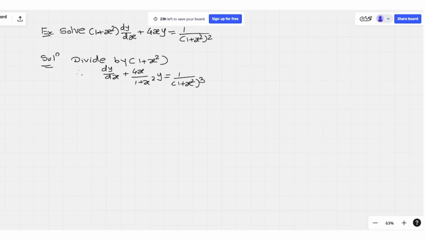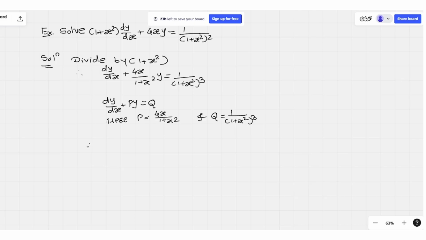Now compare this equation with the standard linear differential equation dy by dx plus py is equal to q. Therefore, here function p is equal to 4x upon 1 plus x square and q is equal to 1 upon (1 plus x square) whole cube.